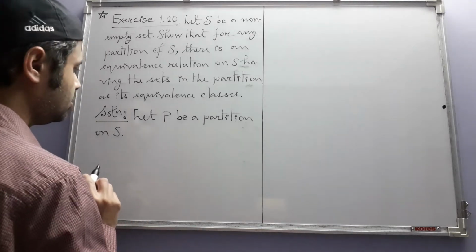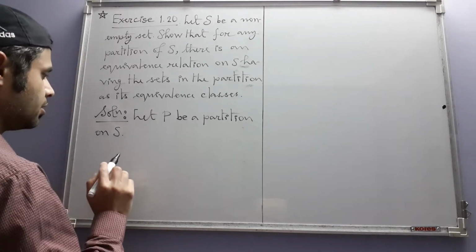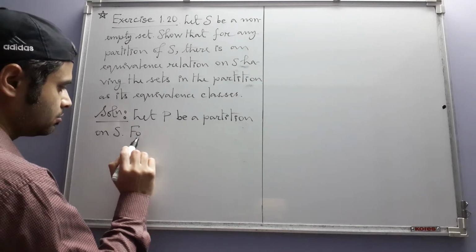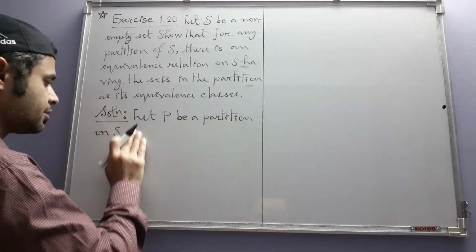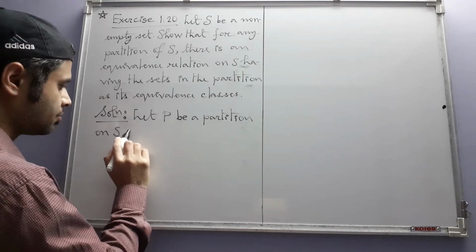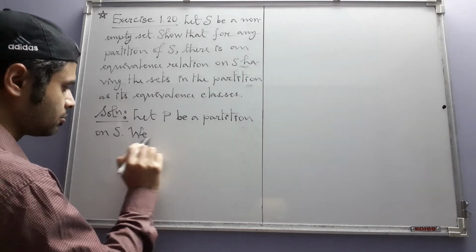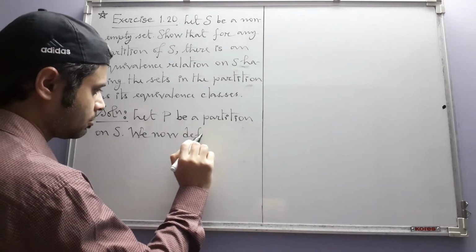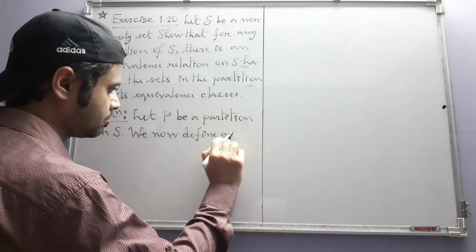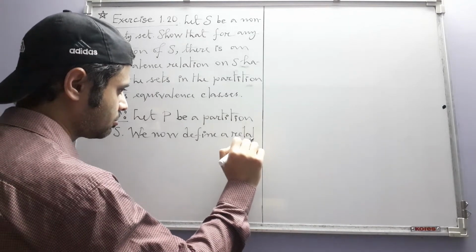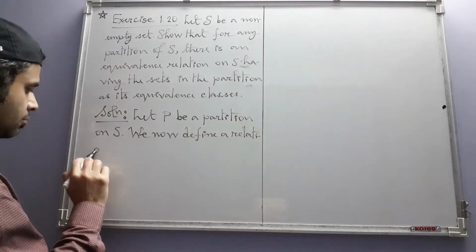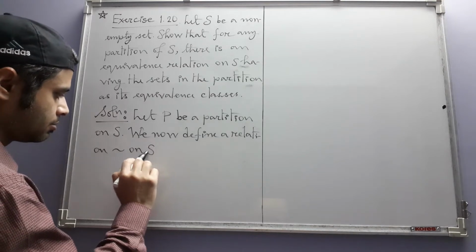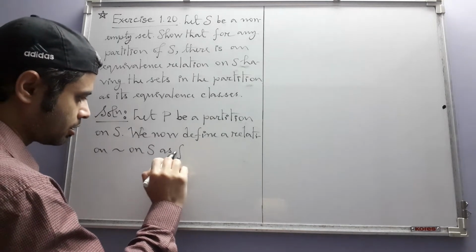That's what being a partition of S means. Okay, so now we need to define an equivalence relation. Let's just define it like this. We now define a relation tilde on S as follows.